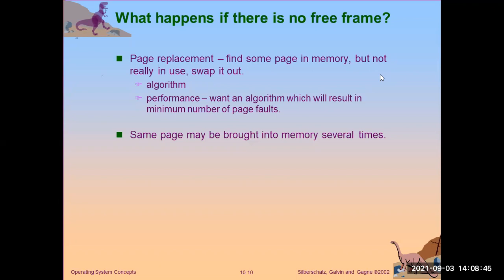The performance of an algorithm is based on having a minimum number of page faults, since some pages may be brought into memory several times. Suppose page 1 came the first time and is needed again next time. If we remove page 1, what will happen? That page will fault again. So it is very important to choose the algorithm in such a way that a minimum number of page faults will happen.